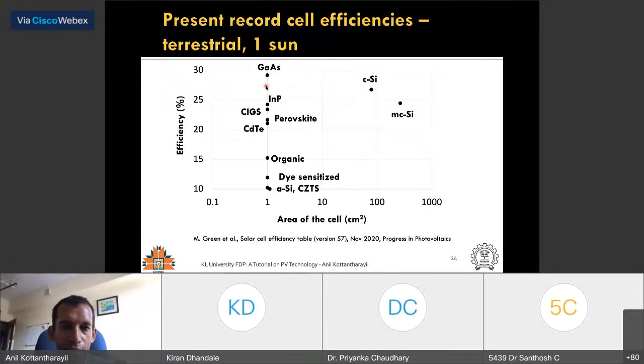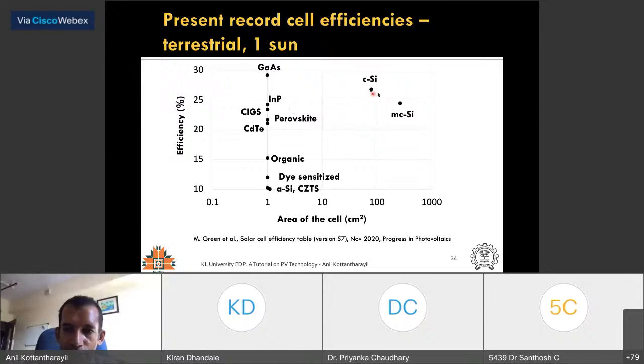Then gallium arsenide, close to 30%, and indium phosphide, CIGS, perovskite, cadmium telluride, organic, dye-sensitized, amorphous silicon, and so on.